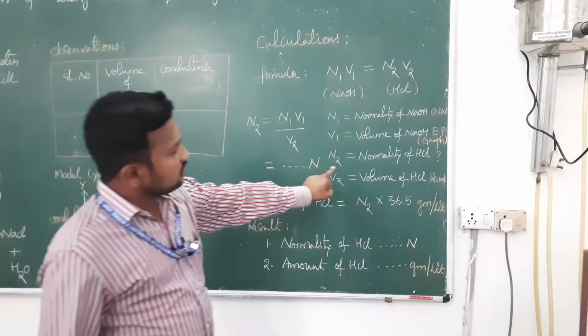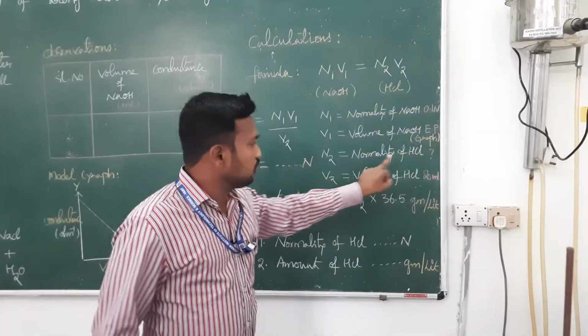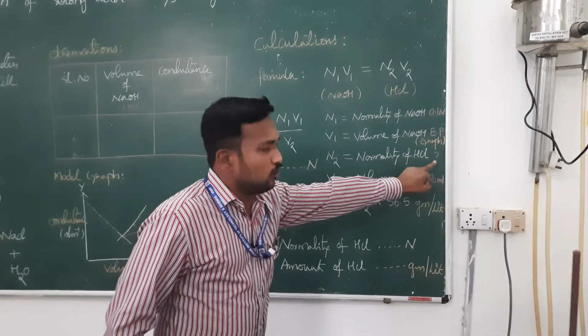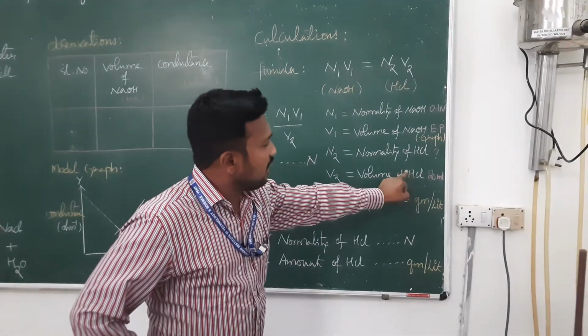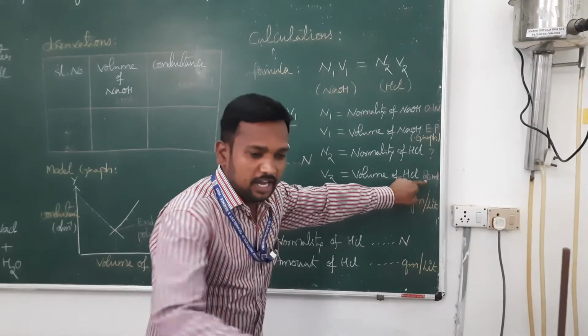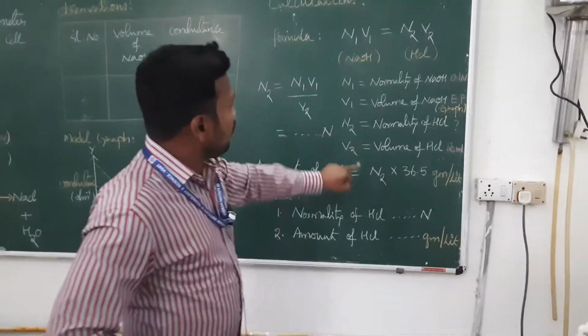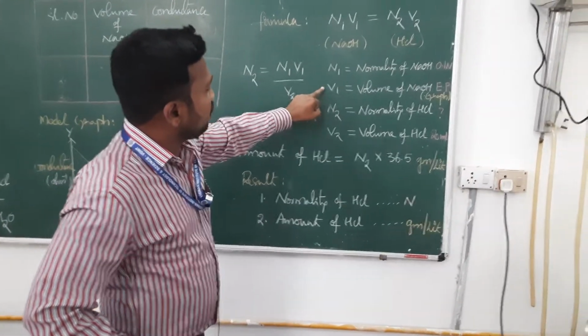N2 is the normality of HCl, which is unknown and we will find out. V2 is the volume of HCl, which we already know is 20 ml taken in the beaker.